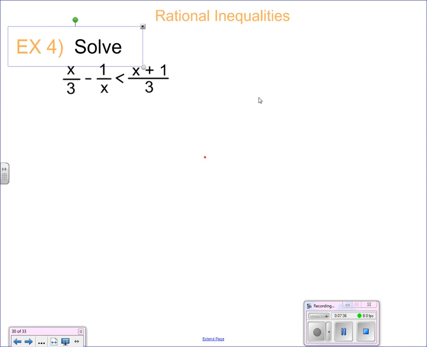Now we're going to talk about solving inequalities. To solve inequalities, you need to first find the restricted domain or restricted values for x. To find the restricted values for x, let's look at the denominator. Whatever x terms we have in the denominator, we set those equal to 0.